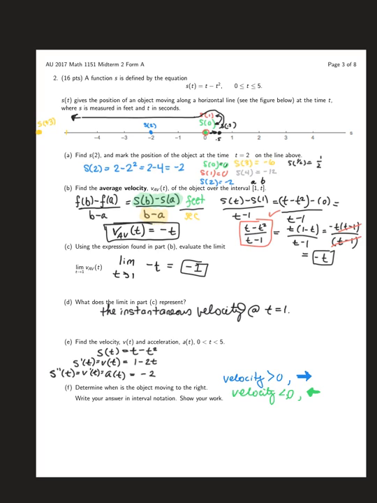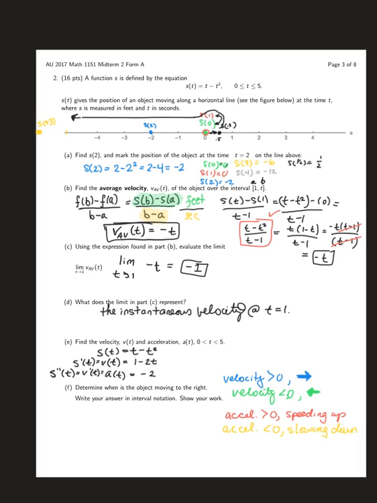Okay. You might ask yourself, what about acceleration? I thought it was acceleration. And the answer is when acceleration is greater than 0, we are speeding up. And when acceleration is less than 0, we are slowing down.